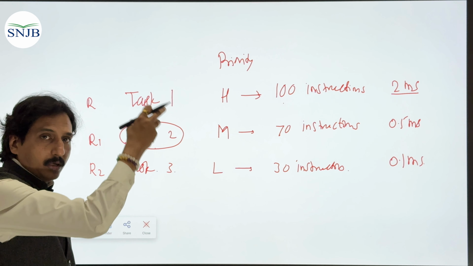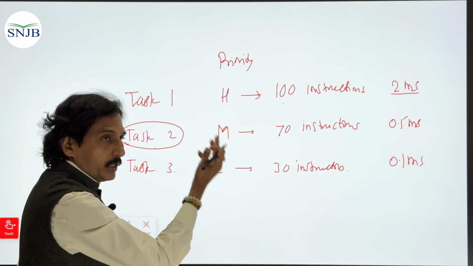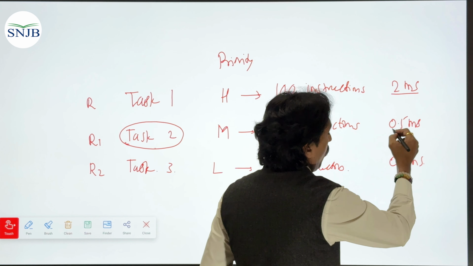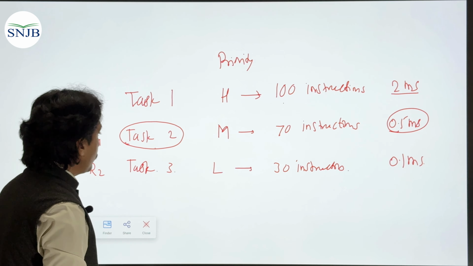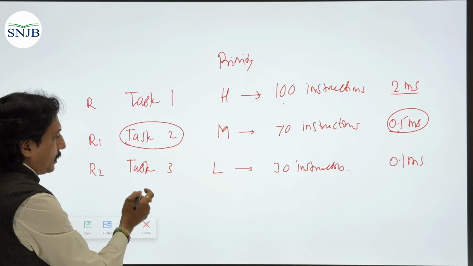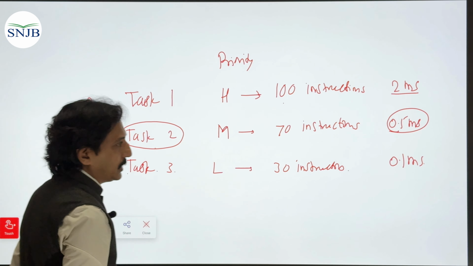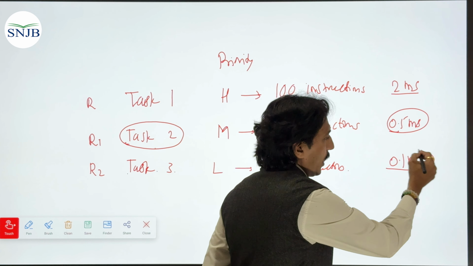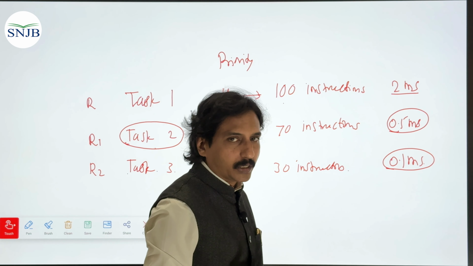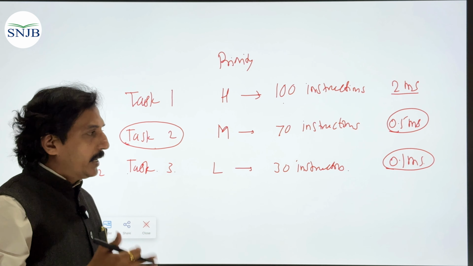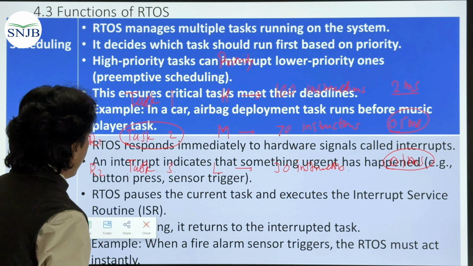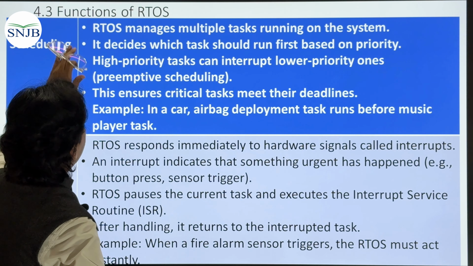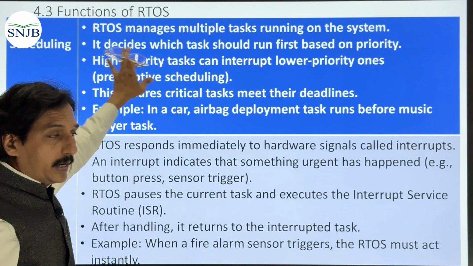So it loads task 2 into its memory, executes it for 0.5 milliseconds, and then unloads it. Then it gives time to task 3, executes it within 0.1 millisecond, and then unloads it. So this way the scheduling is done. This is considered under task scheduling.